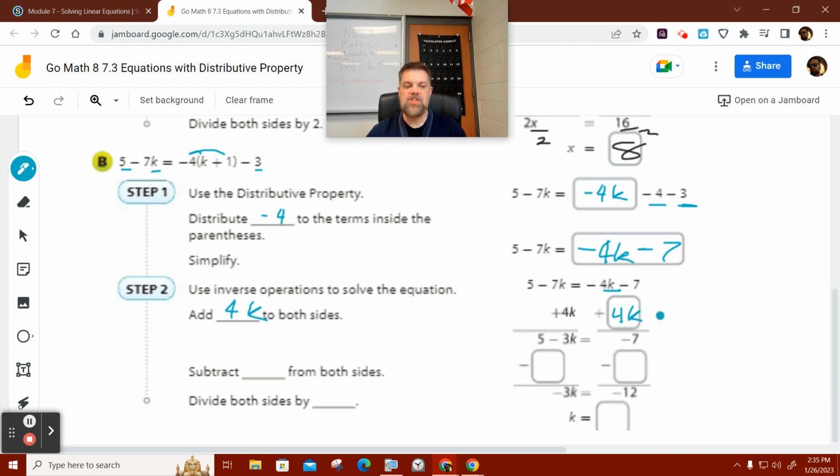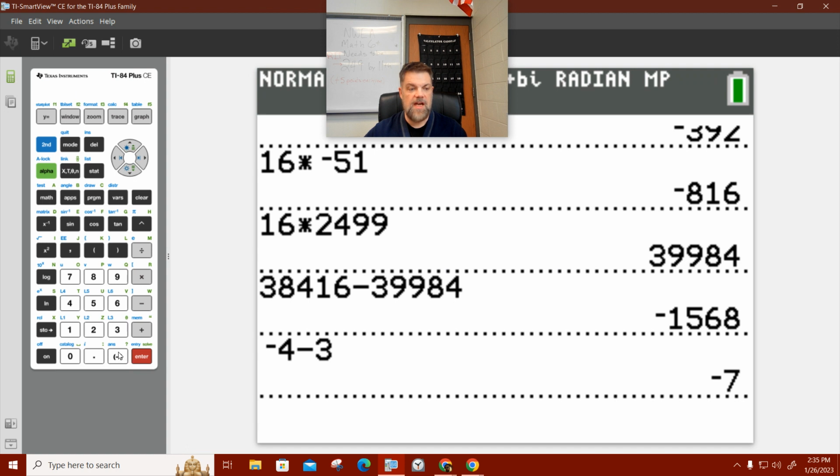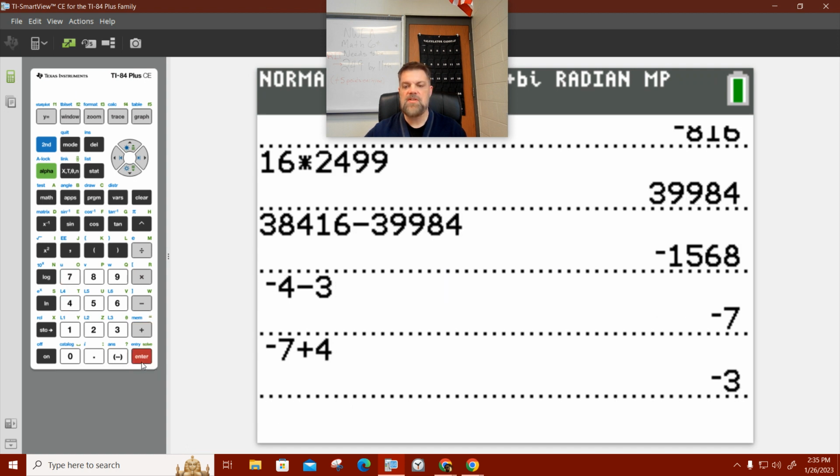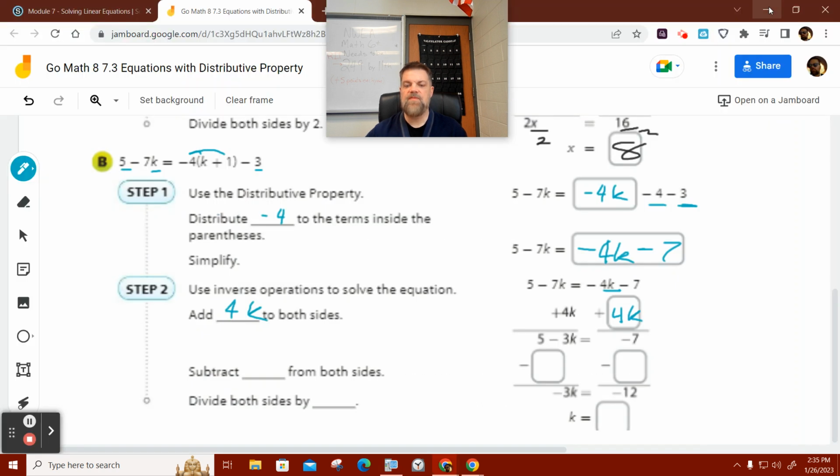Textbook publishers. So when I do that, I get 5. And what's negative 7 plus 4? If you don't know, plug it in your calculator. Negative 7 plus 4 equals negative 3. But we can't forget the k, so that becomes negative 3k. These cancel, and I'm left with negative 7.